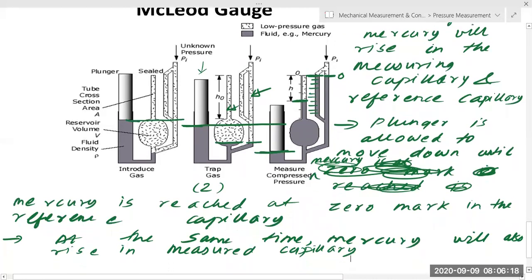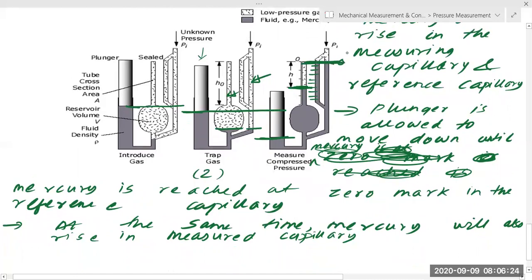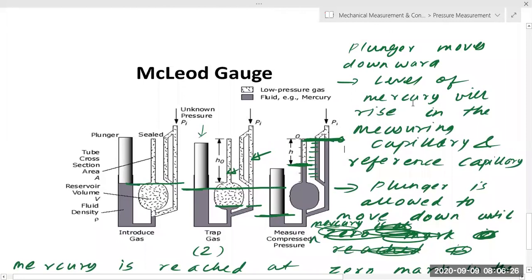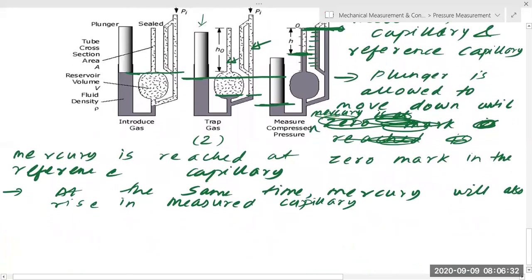Now the difference between the measured capillary and the reference capillary will give me the height, or you can say will give me the pressure of the fluid in terms of difference of mercury.